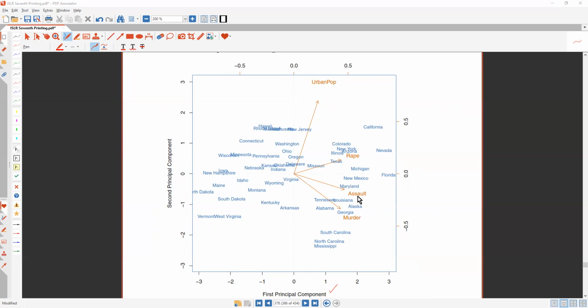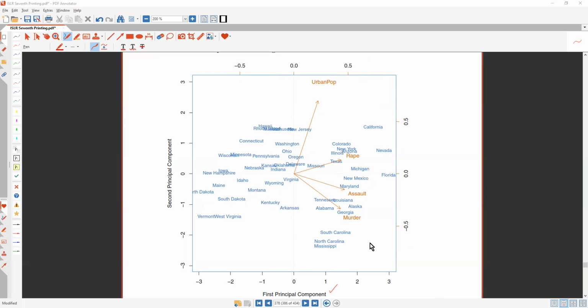So murder, assault, and rape all have higher loadings than the urban pop on the first component. But if you spin the plot around, you're going to see that urban pop is the one that has the bigger loading compared to these 3.